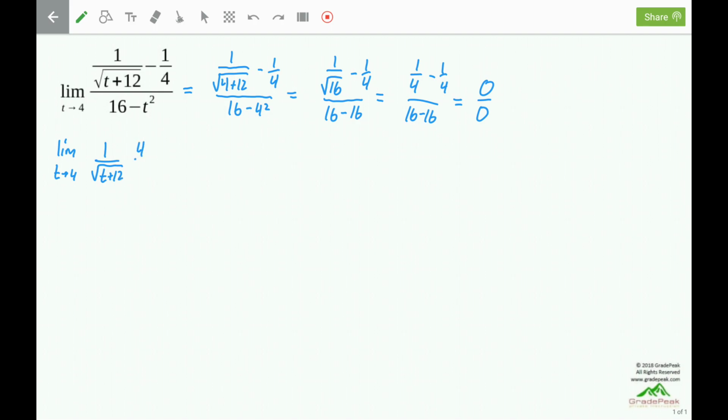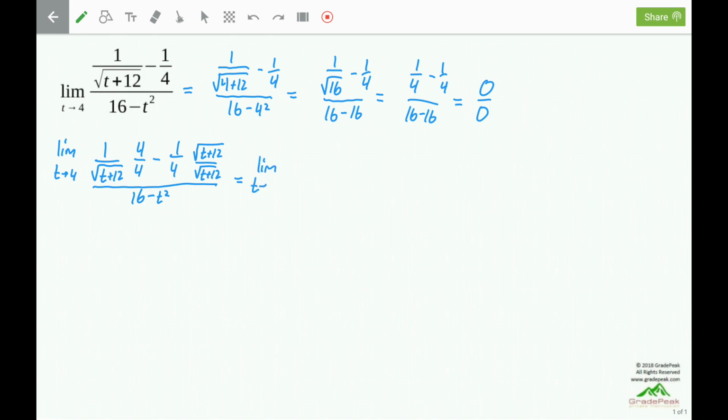So we're going to multiply this first fraction by 4 over 4, and the second fraction by the square root of t plus 12 over the square root of t plus 12.